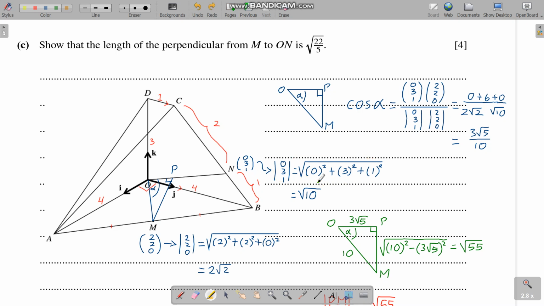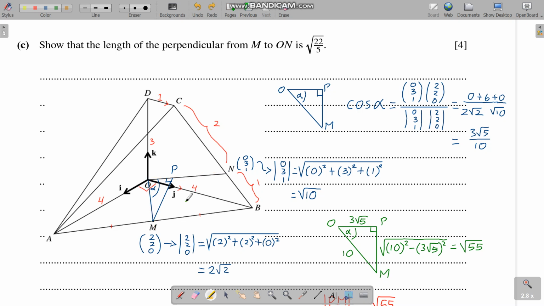Now if you look at the OPM triangle, let's say this angle is alpha. To find the angle alpha, we can use the vector OM and the vector ON.